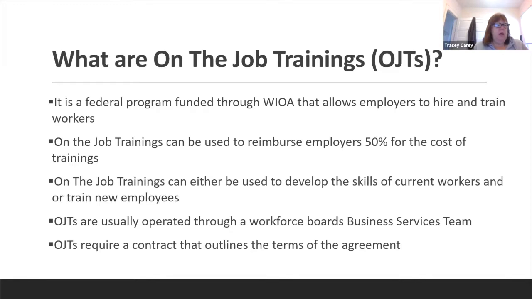And so some of that comes from not knowing quite how to talk with our business partners about it. Some of it comes from wanting to be certain that we are following the regulatory guidance in WIOA that governs the use of that tool.